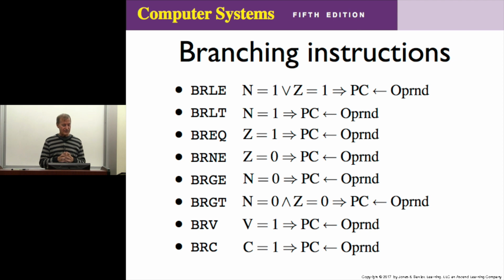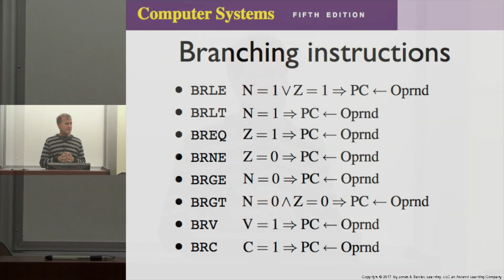If N equals 1, that's the N bit. Now N checks for negative. Or Z equals 1. What does that check for? All zeros. So if it's negative or all zeros, then what happens? The program counter gets the operand. Do you remember that that's how the branch works?